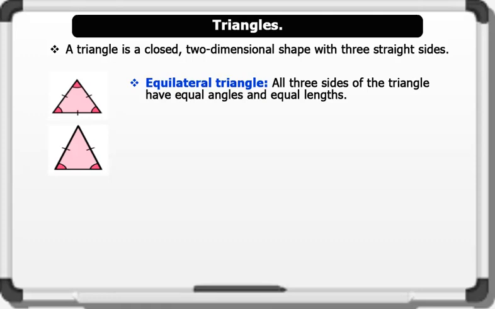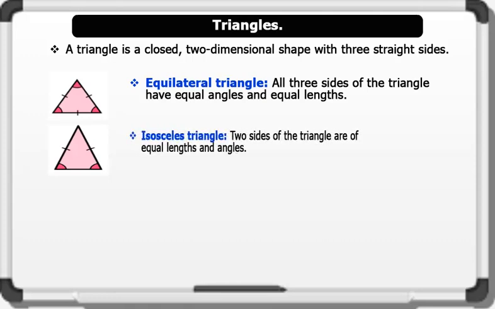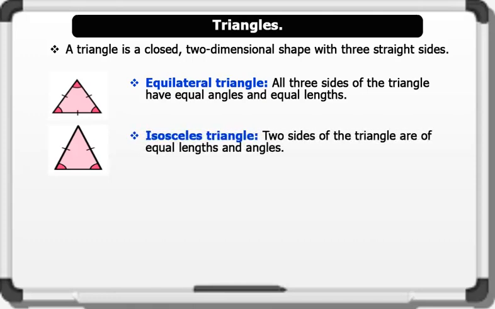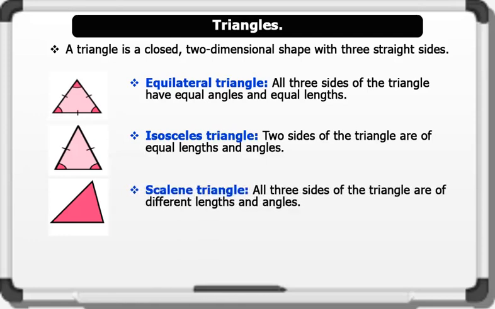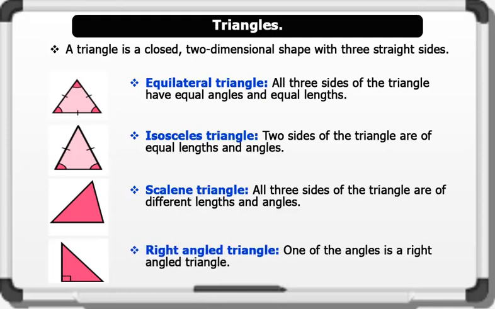The isosceles triangle. 2 sides of the triangle are of equal lengths and angles. 3. The scalene triangle. All 3 sides of the triangle are of different lengths and angles. And 4. The right-angled triangle. One of the angles is a right angle. That's brilliant.